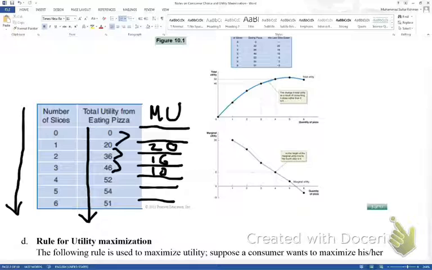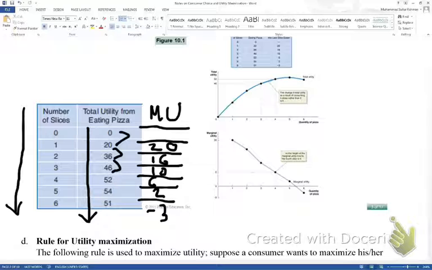The next one is like 6. The next one is about like 2, and the last one is kind of like negative, right? So you can see that these are all marginal utilities, and you can see clearly that the marginal utilities are really going down from 20 to 16 to 10, 6, 2, and then negative, right?